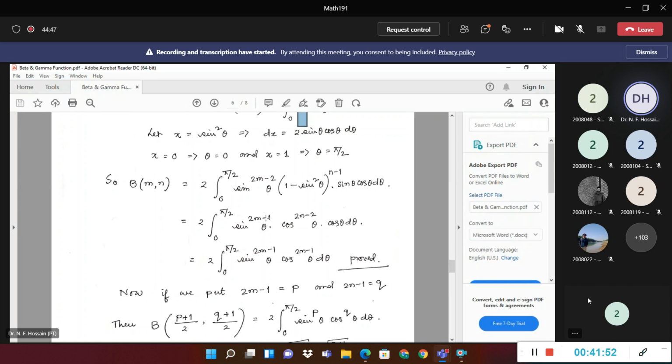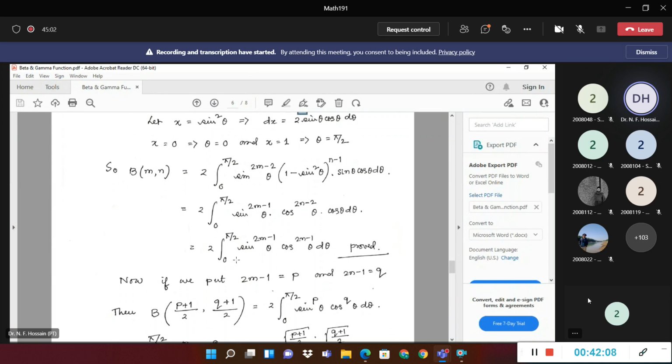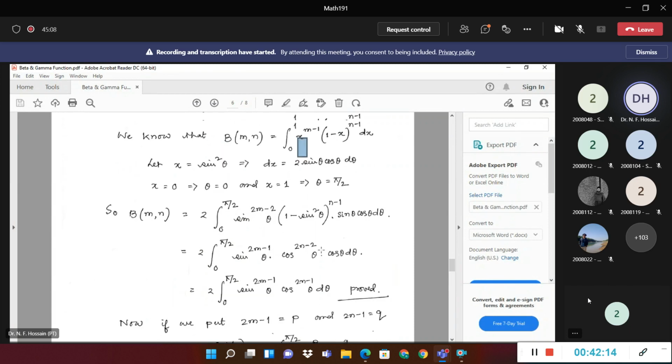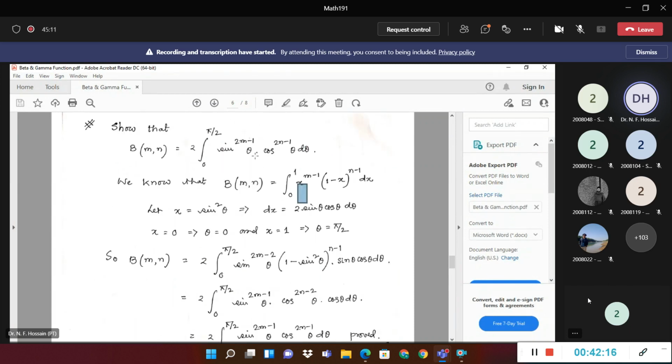So the power now becomes 2m minus 1. And 1 minus sine square theta is cos square theta. So the power of cos theta should be 2n minus 2, but there is another cos theta. Ultimately it is this. 2 into integral 0 to pi by 2 sine to the power 2m minus 1 theta cos to the power 2n minus 1 theta d theta. This was the thing to be proved.